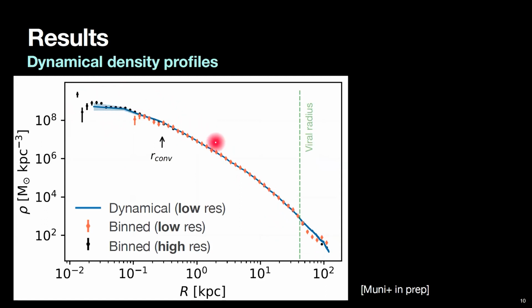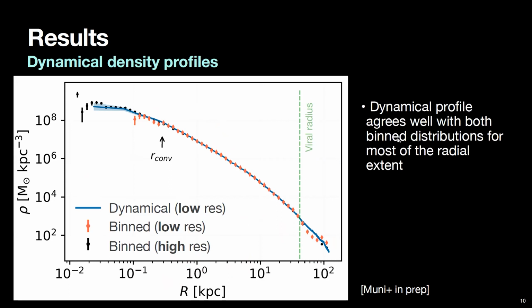And the blue line is our dynamical estimate, which comes only from the low resolution version of the simulation, so it knows nothing about any of the high resolution profiles. What we see straight away is that our dynamical profile agrees well with both binned distributions for most of the radial extent anyway. I'll say a few words about beyond the virial radius after.